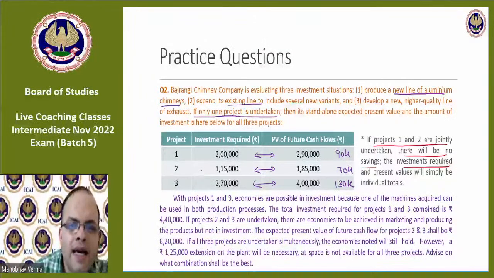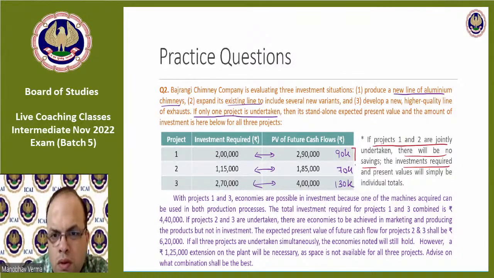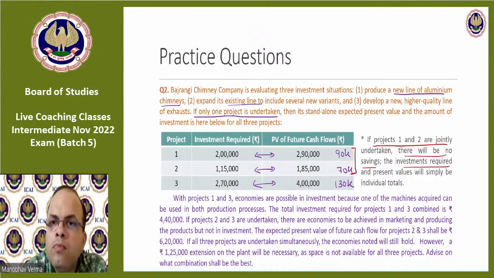So can we say, if we are talking about projects 1 and 2 taken together, we are simply talking about 1,60,000 NPV. We just add these two. There are no economies of scale. There is no savings from each other. The resources are not able to be shared with each other.